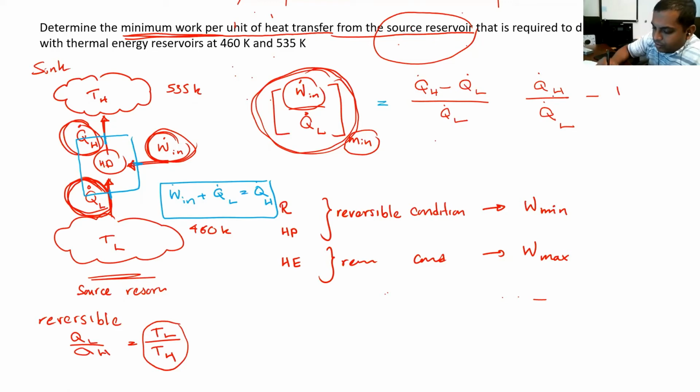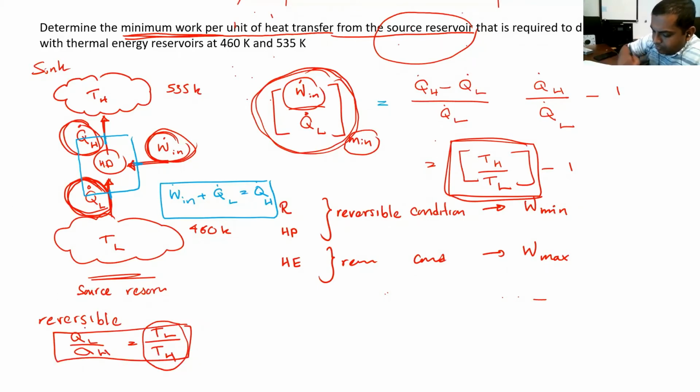Instead of QH over QL, I can write it as TH over TL minus 1. I got this part from this relationship. Now we can easily get the value because we know TH is equal to 535 Kelvin and TL is equal to 460. So my answer is going to be 0.163.